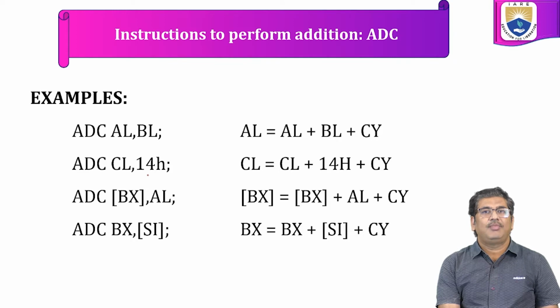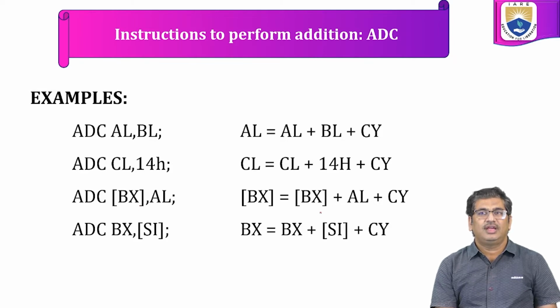ADC CL, 14H. Here, the contents of CL register will be added with the immediate data, that is 14H, along with the carry flag, and the result will be stored in CL register. ADC in brackets BX, AL. Here, the contents of AL register will be added to the memory location contents whose address is specified in BX register along with the carry flag, and the result will be stored in the memory location whose address is specified in BX register.